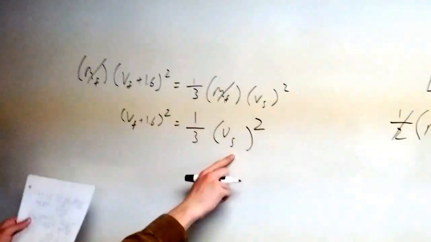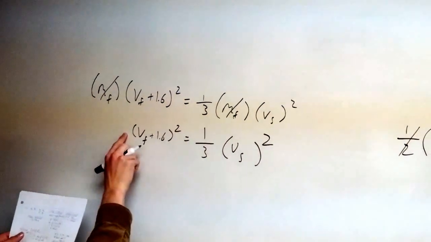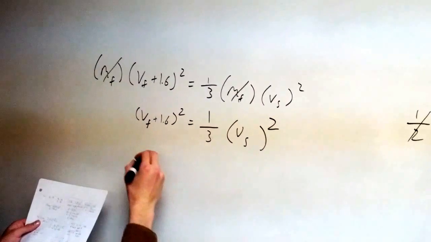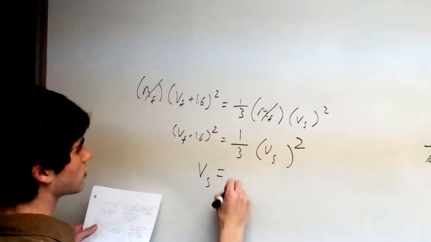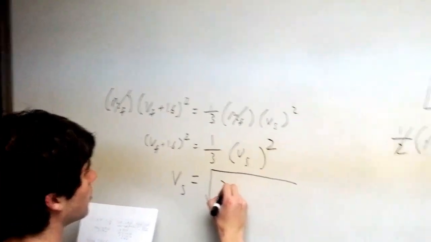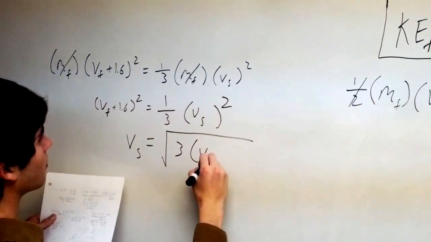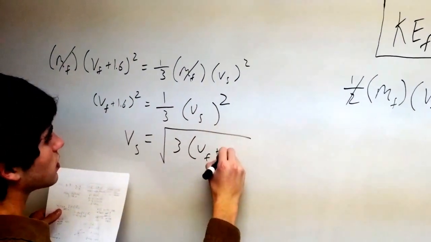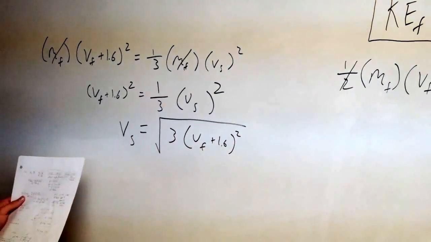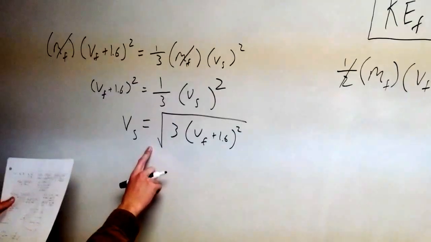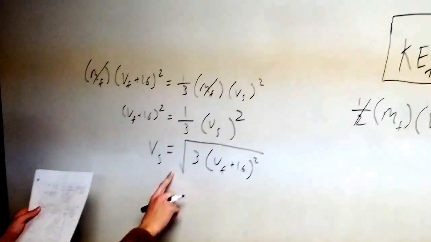So if we solve for velocity of the son, we multiply this by 3 and then take the square root. So the velocity of the son equals square root 3 times VF plus 1.6 squared. So that's the velocity of the son that we found.